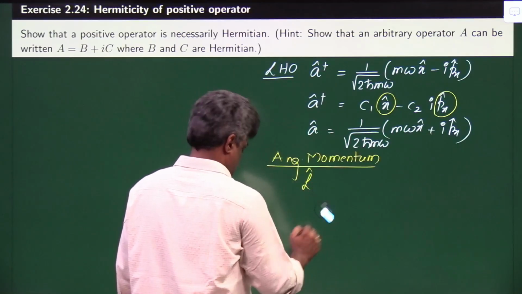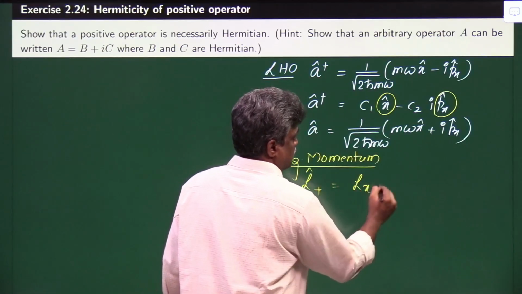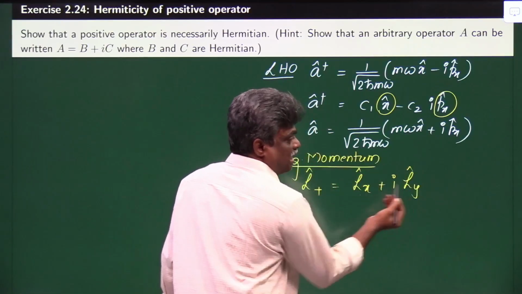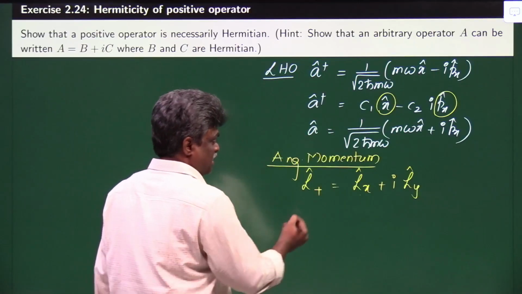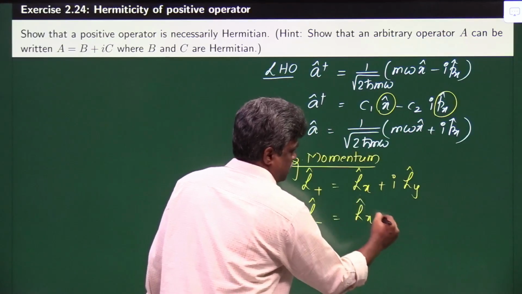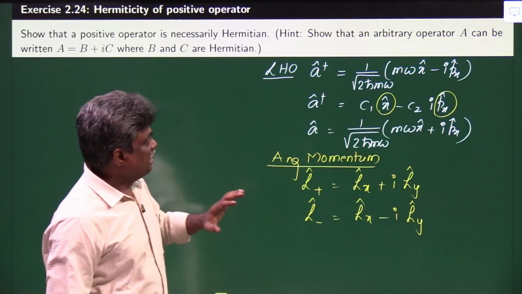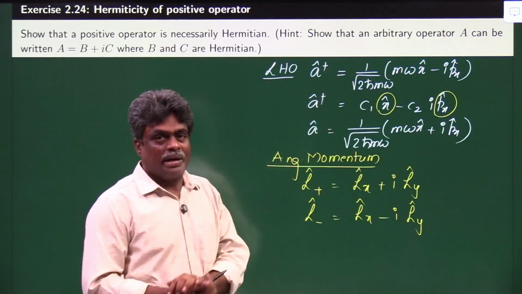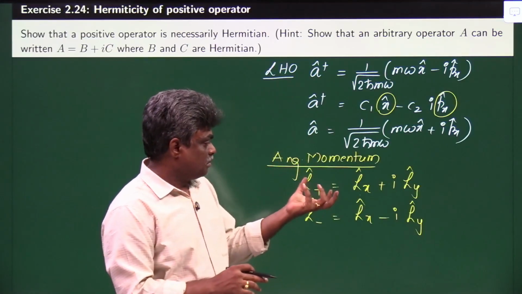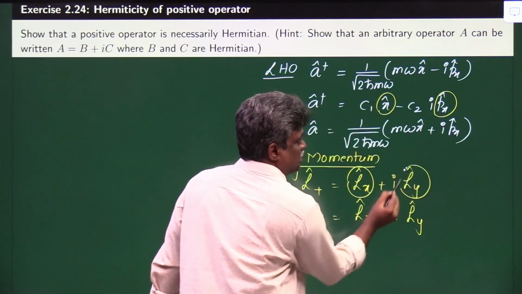While constructing L plus, we write it as Lx plus iota Ly, where Lx and Ly are Hermitian operators, and similarly L minus is Lx minus iota Ly. So finally, an arbitrary operator can be written as a linear combination of two Hermitian operators. See, this is Hermitian and this is Hermitian.